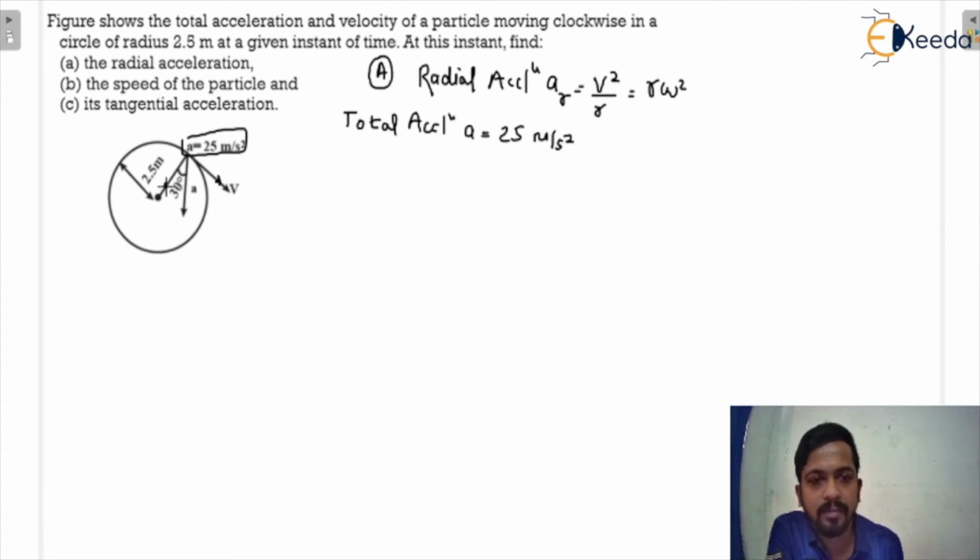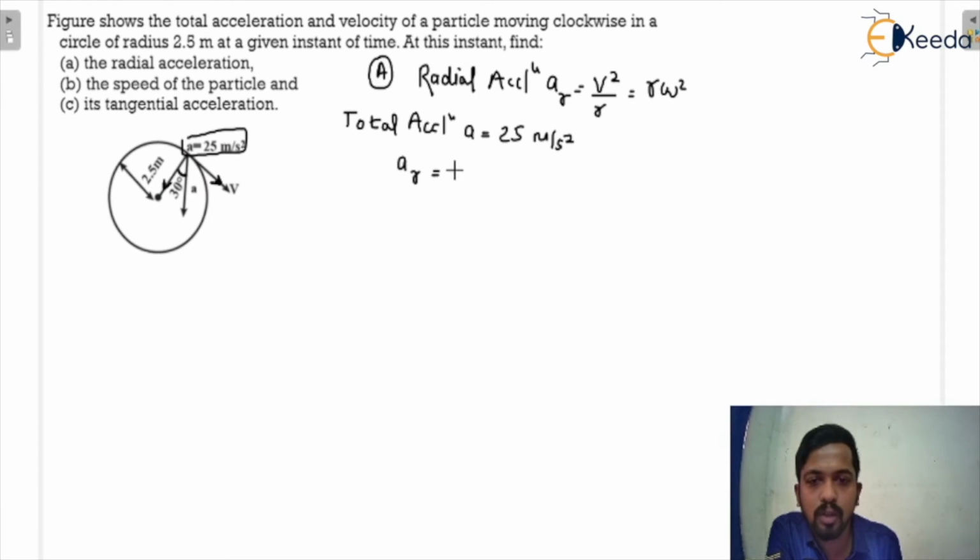And this angle is theta, that is theta is equal to 30 degree. The radial acceleration is in that direction and the tangential acceleration is in that direction, in the direction of velocity. Now how can we calculate the radial acceleration?